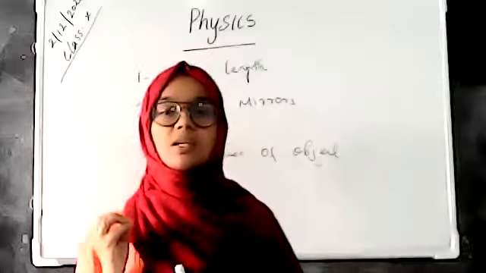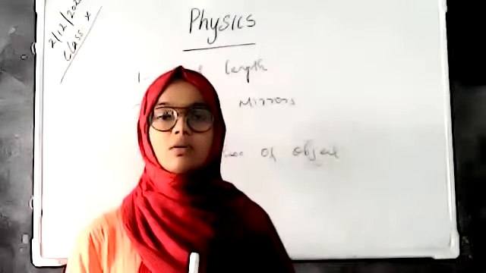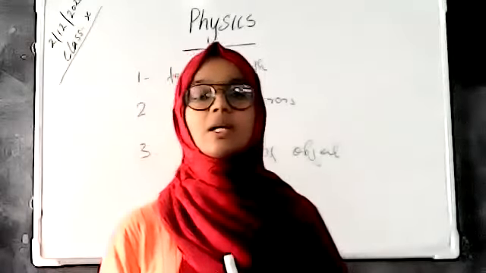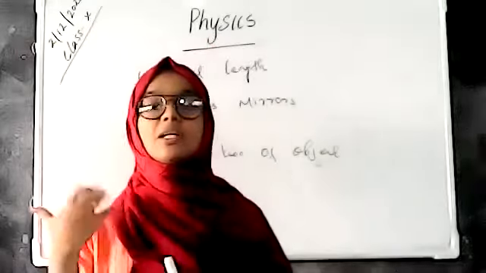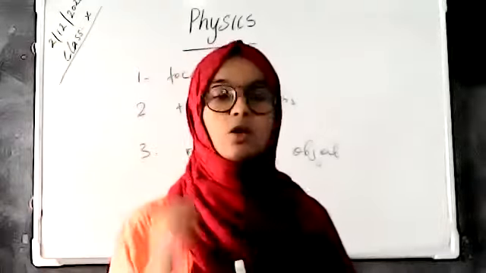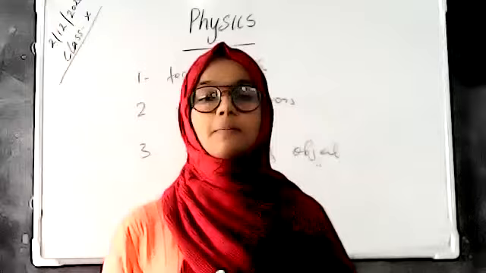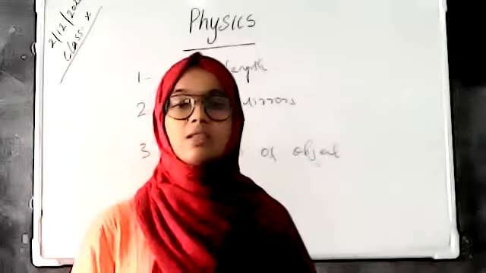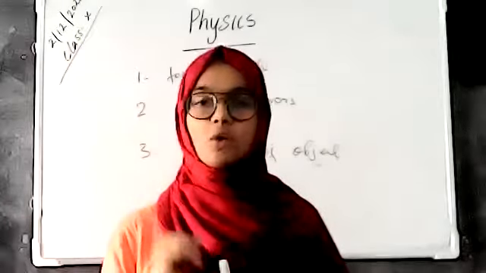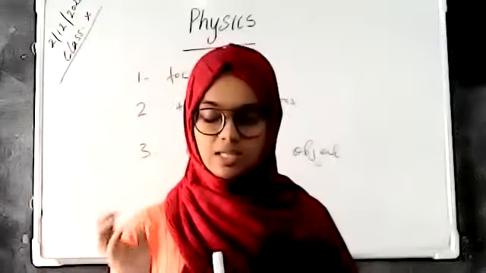The new Cartesian sign convention is used to find the focal length of mirrors and the position and nature of the image as the position of the object changes. So I think all of you understand the use of the new Cartesian sign convention.